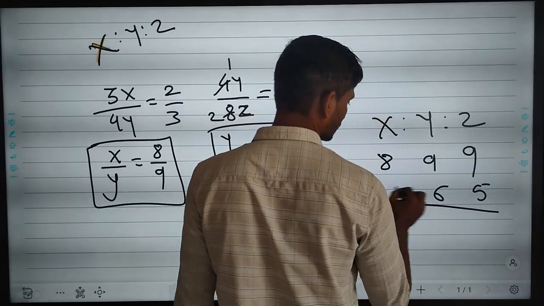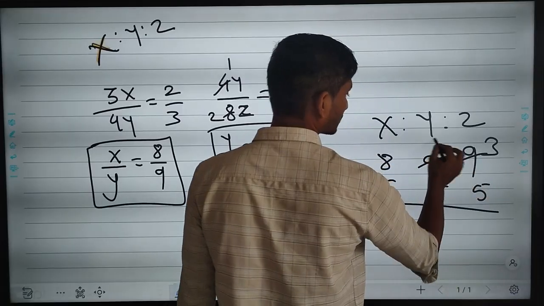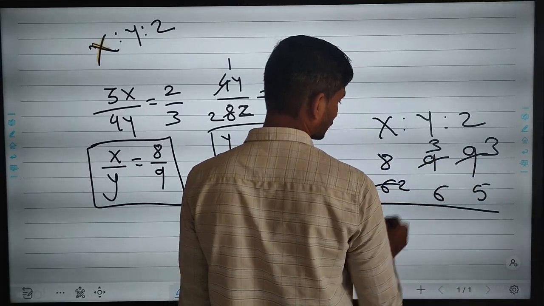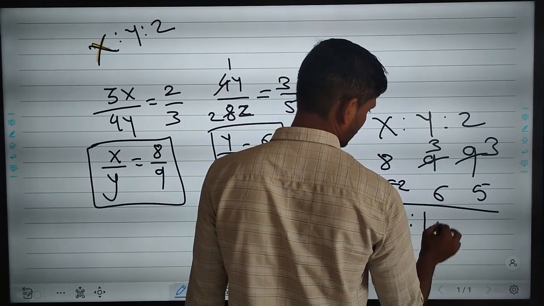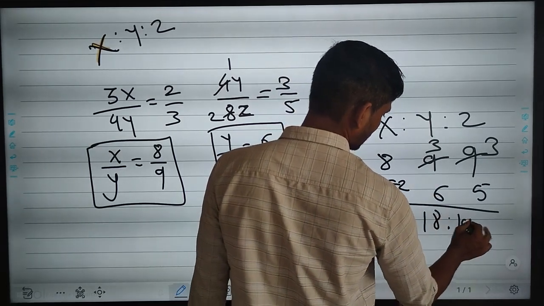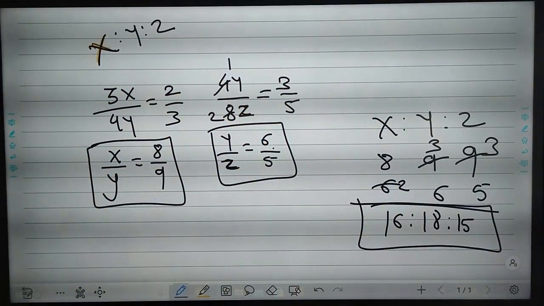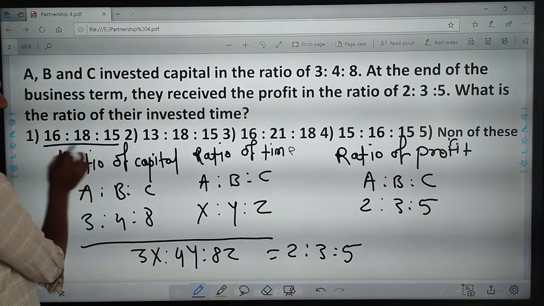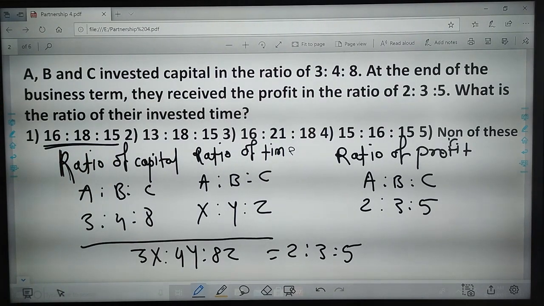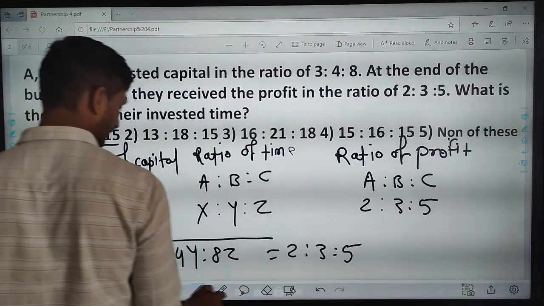Then the ratio of time is 16 as to 18 as to 15. This is your answer: the ratio of the investment time is 16 as to 18 as to 15.